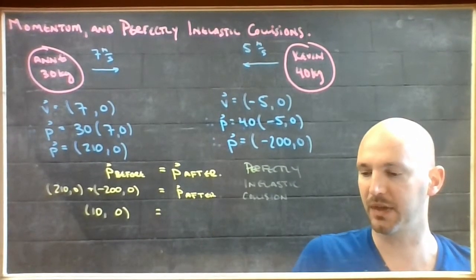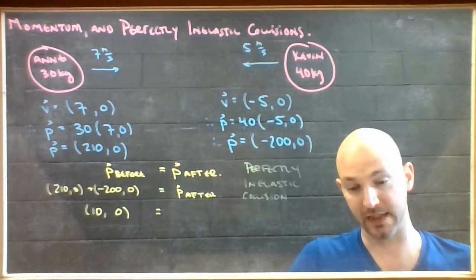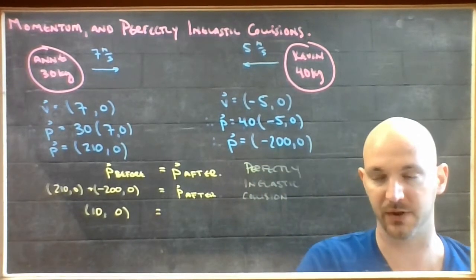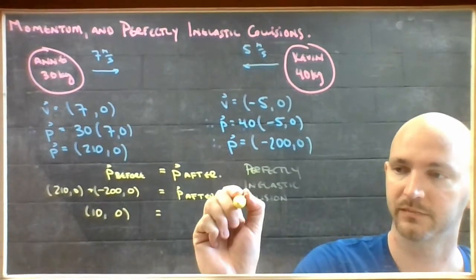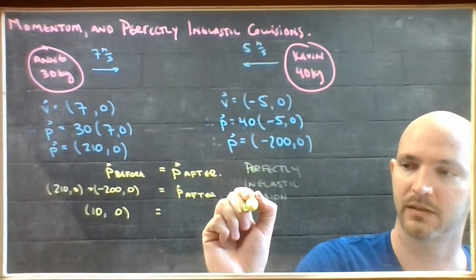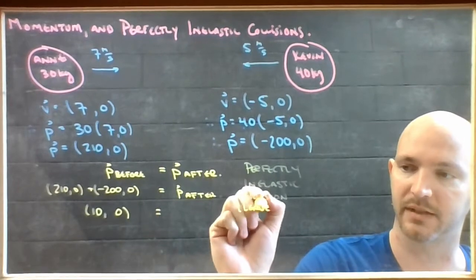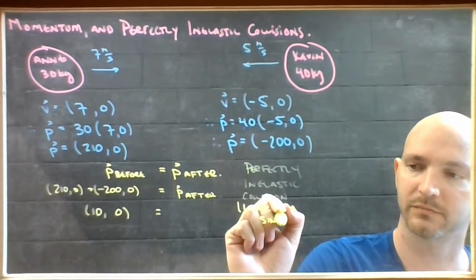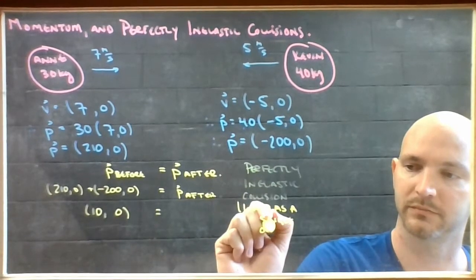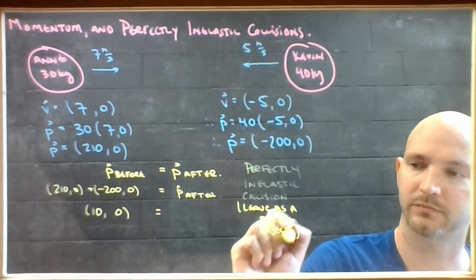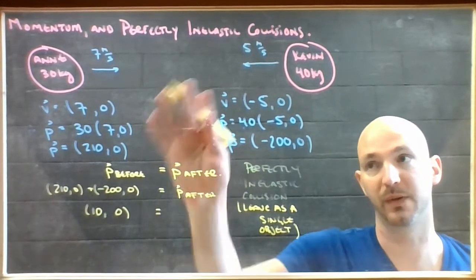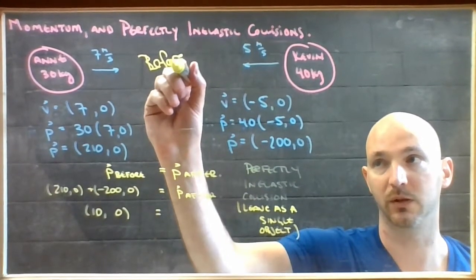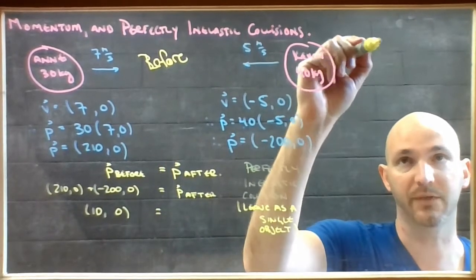And what that means is that the two objects leave the collision stuck together, so that they've left as a single object. Okay, so this is the before picture. Before.